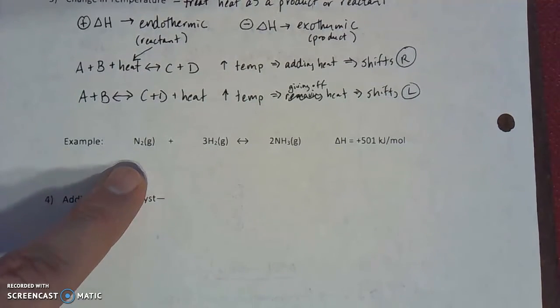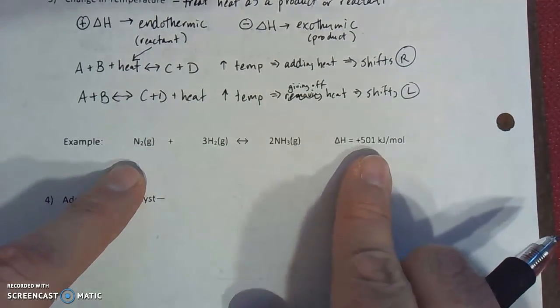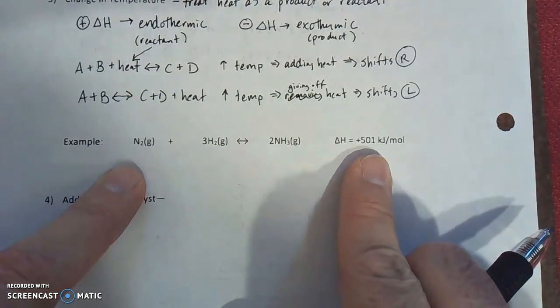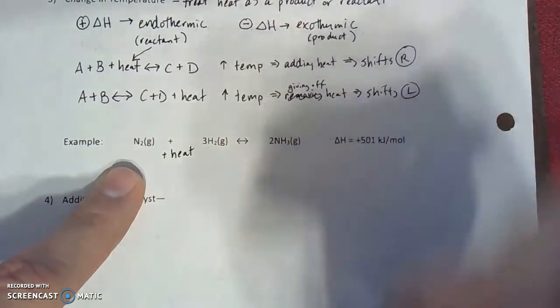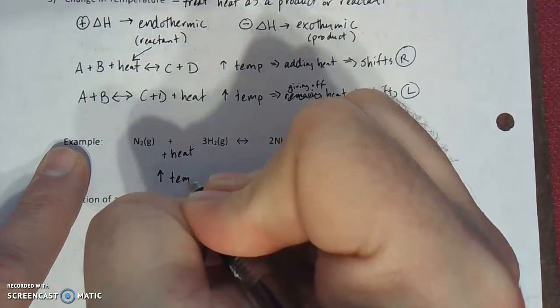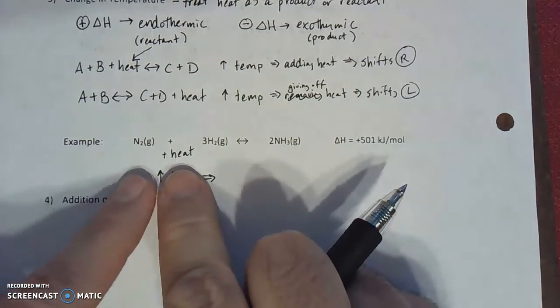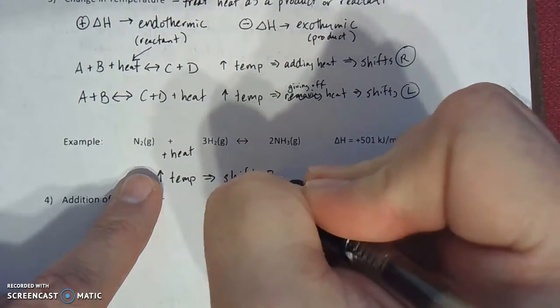So here is another reaction. Here we have our Haber process, and we're given a positive delta H, which means that heat is on this side. So if we increase the temperature of this reaction, we're adding heat in, it's going to shift to the right.